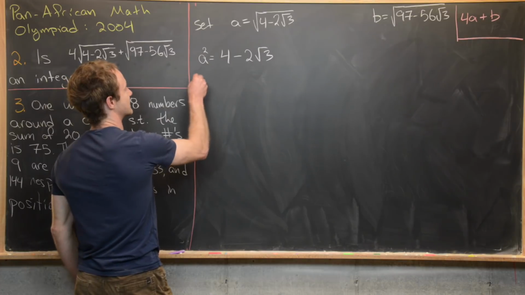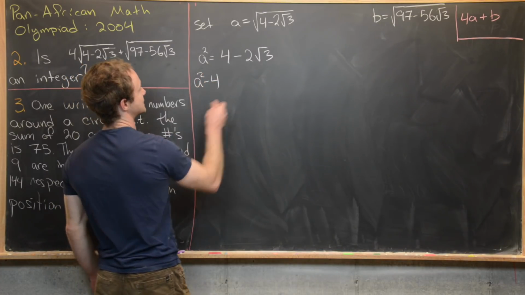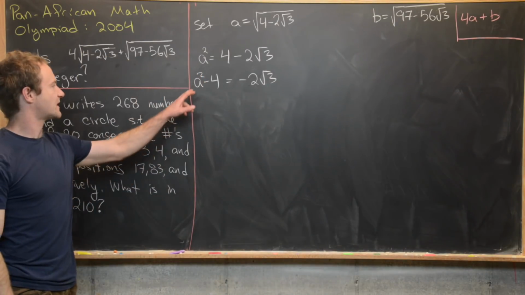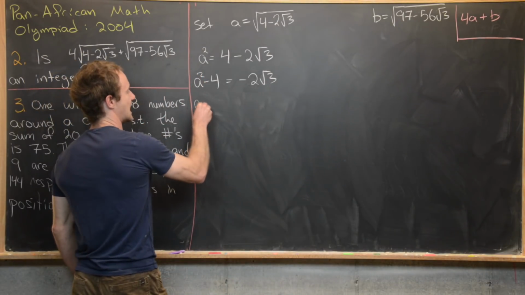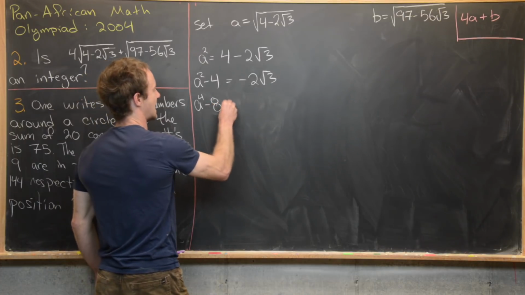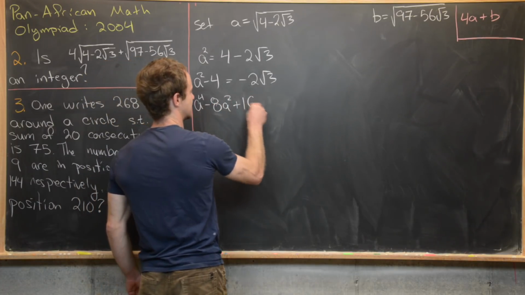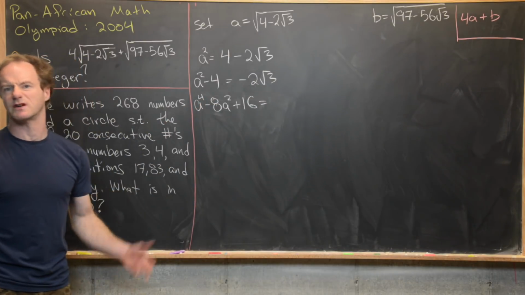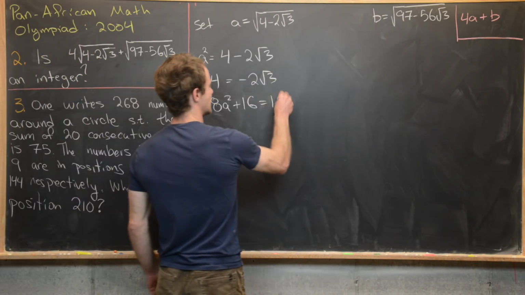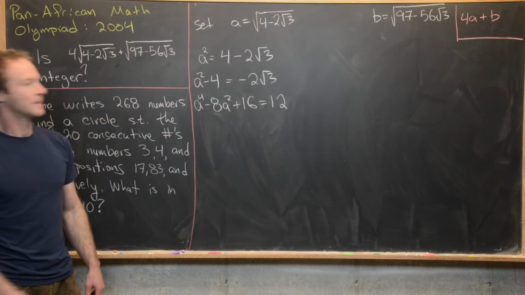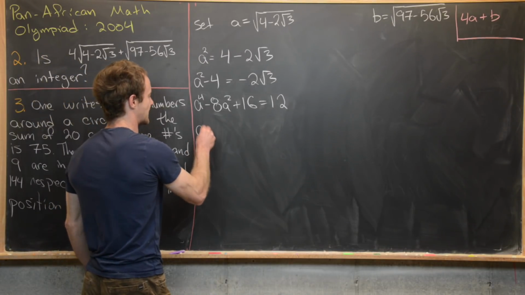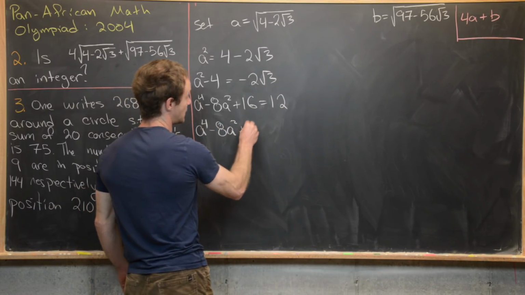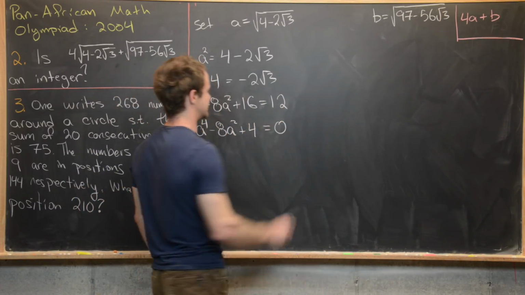So that's going to give us A squared minus 4 equals negative 2 root 3. Now if I square this left-hand side, I'm going to get A to the 4th minus 8A squared plus 16. Then if I square the right-hand side, I'll get 2 squared times 3, but that's going to be 12. So I have this equals 12. But now I can move the 12 over. That's going to give me A to the 4th minus 8A squared plus 4 equals 0.